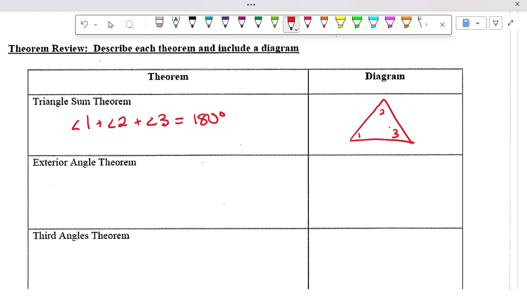Exterior angle theorem, we already discussed that. If we had a triangle, let's say 1, 2, 3, and then the exterior angle is 4. Which two angles add up to angle 4? 2 and 3. So angle 2 plus angle 3 is equal to angle 4. That's exterior angle theorem.